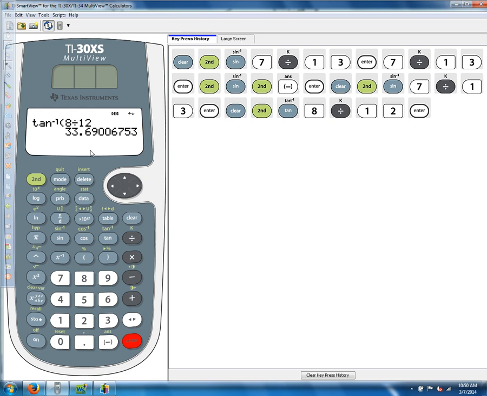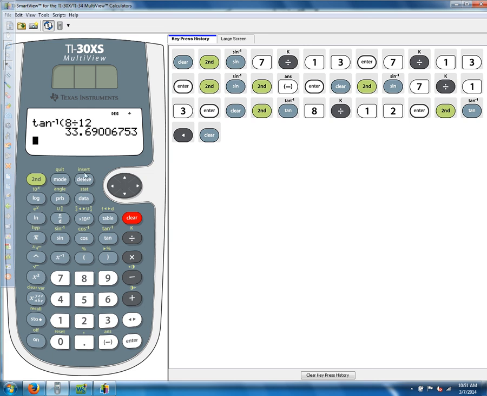One thing really quickly about using your calculator: notice that I'm putting this 8 divided by 12 in parentheses. This calculator automatically puts the parentheses there. If your calculator doesn't automatically do the parentheses, put it in parentheses, because otherwise you'll calculate the inverse tangent of 8, and then it will divide that number by 12.